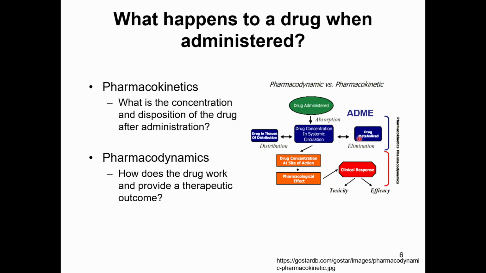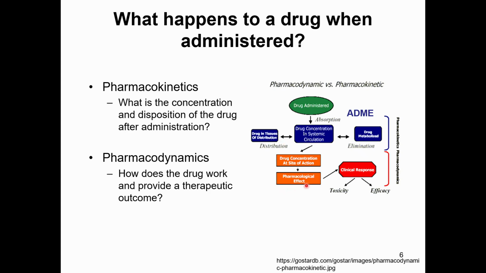The drug might have to be metabolized in order to be excreted, or maybe the parent drug is the active form, and it gets excreted without much metabolism. It depends on the drug. It's also important how it gets to different tissues, how the drug is distributed after you take it.